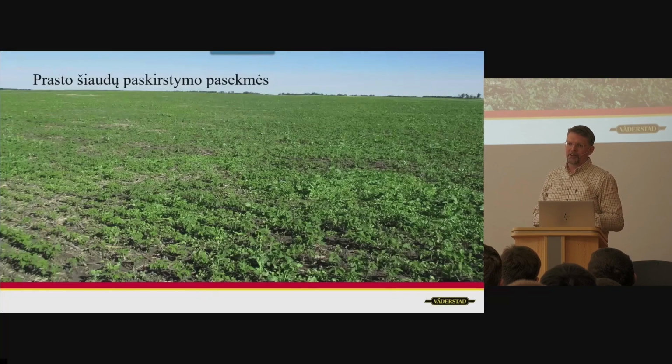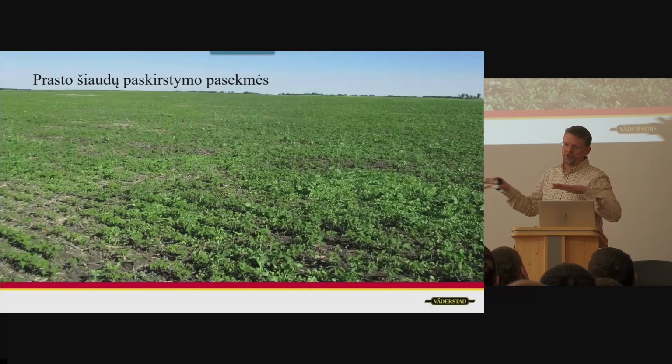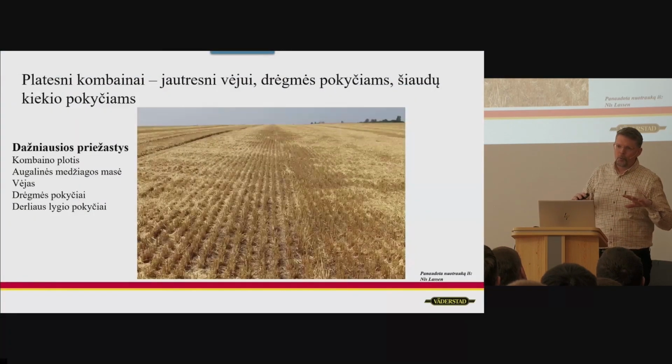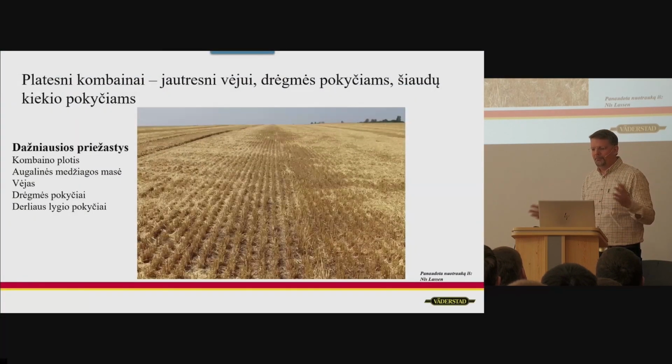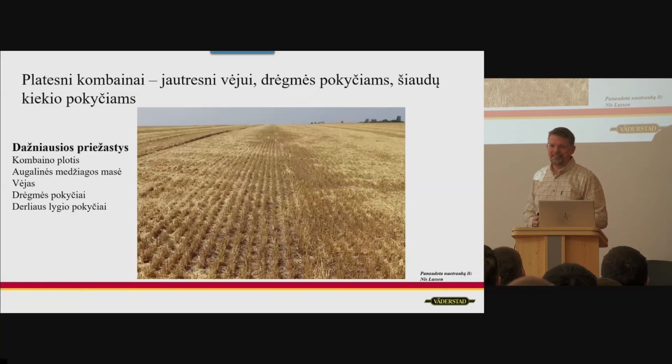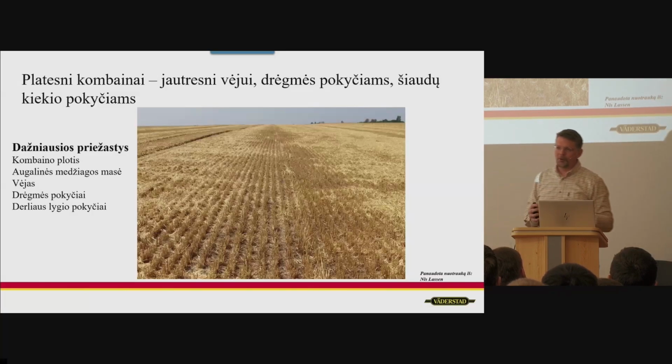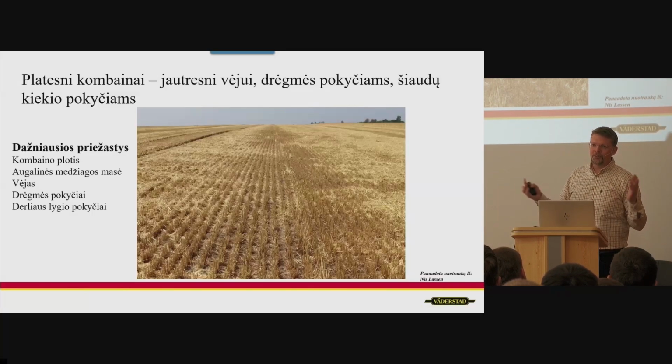It gets uneven. Residues remain with us in a negative way for the yield. And wider combines often produce more problems, and the combine sizes will not go down. As far as we can see, they are working on even bigger ones than what we see today. So this problem will increase.